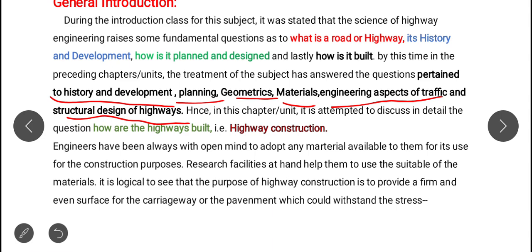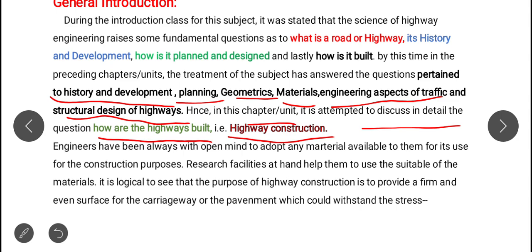Hence, in this unit 6, both A and B, an attempt is made to discuss in detail the question, how are the highways built, that is highway construction.